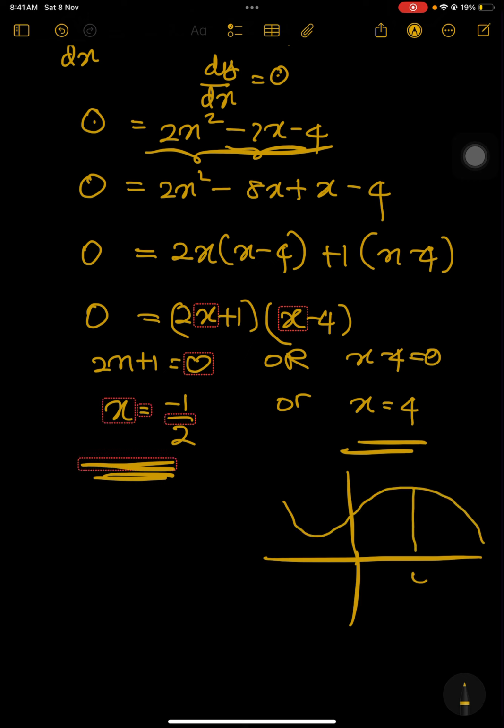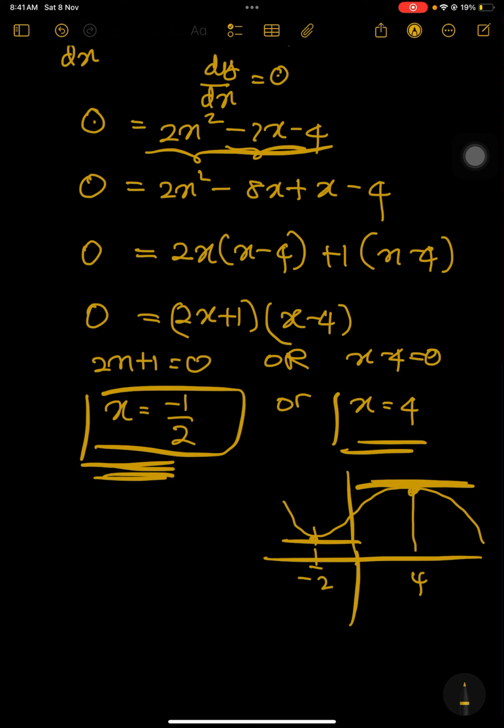Where this is 4, this is just an example, I don't know how exactly it will be. So at minus half the slope is 0, at 4 the slope is 0. So the critical points are minus half and 4.